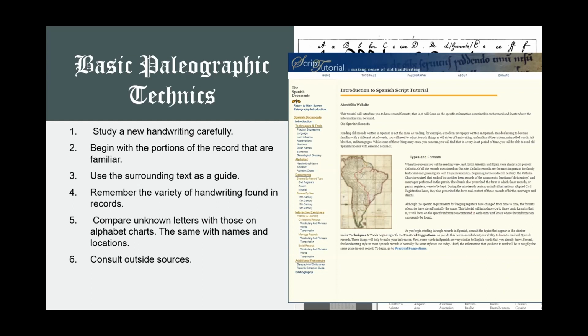It provides a variety of resources such as name charts, abbreviation charts, alphabet charts, and a lot of other things that will be very helpful as you go through these old documents.